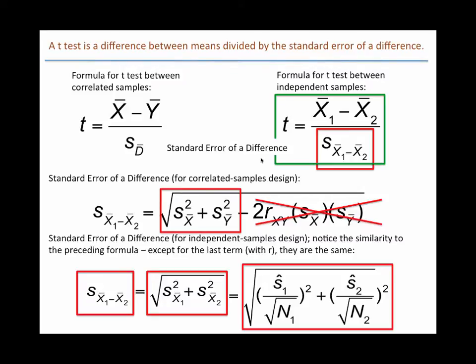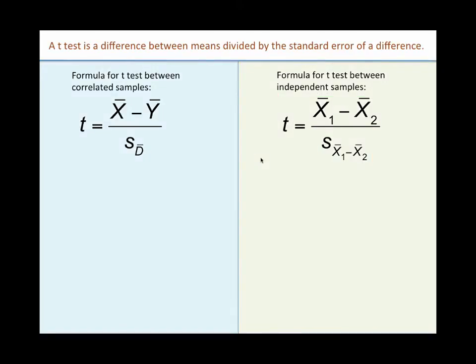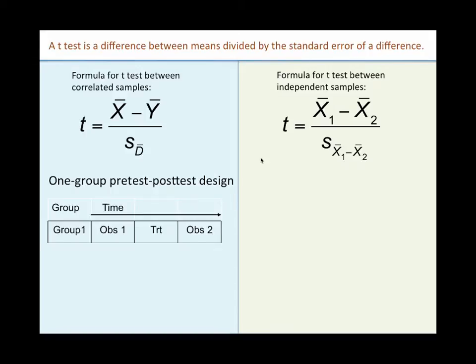Although the mathematics requires just a little tweaking, conceptually we are making a dramatic change to the design of this particular experiment. Recall that with a correlated samples design, we are using only one group of people, and we give that one group of people two observations that we were calling a pretest and a post-test.